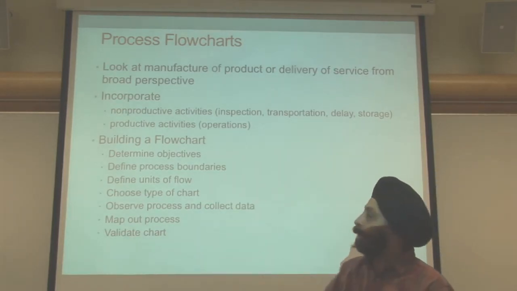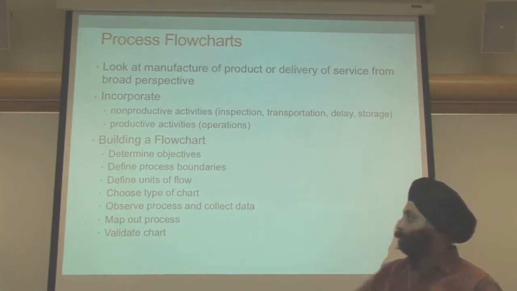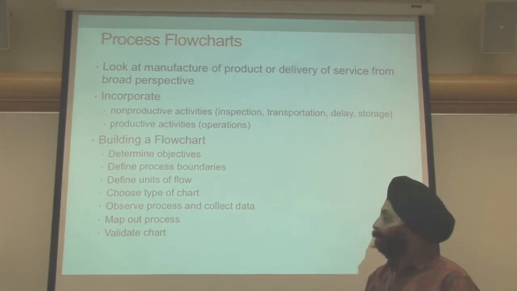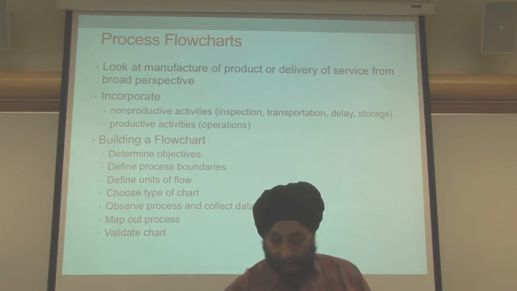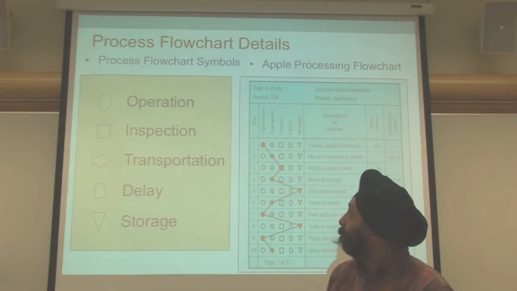When you're building a flowchart, you determine the objectives, what it is that one has to do, define the process boundaries, define the unit of flow, choose the type of chart, observe the process and collect data, and then map out the process and make sure it is the way it is actually done in the company. Here is an example of a process flowchart.